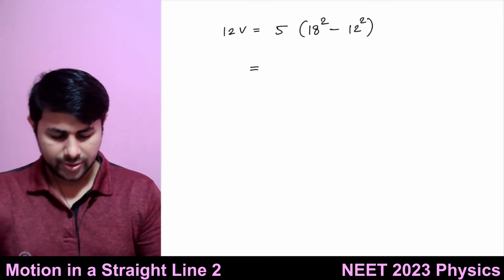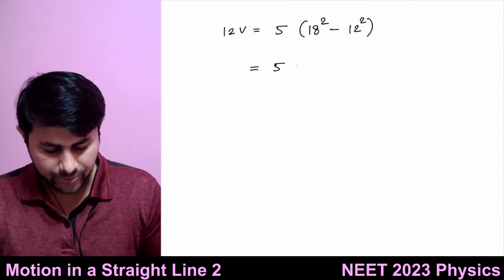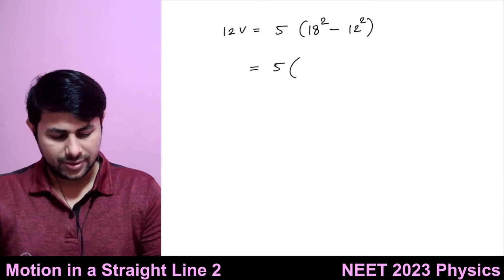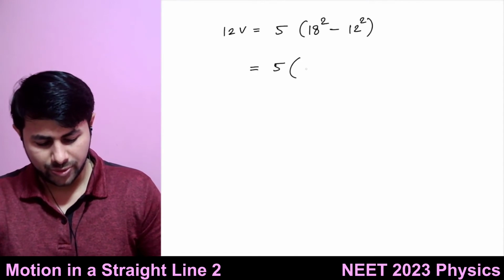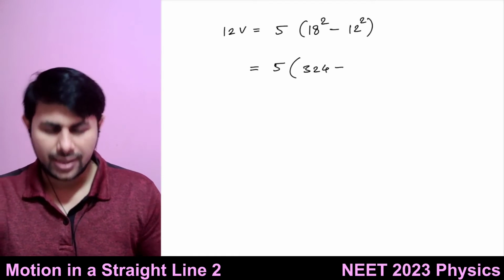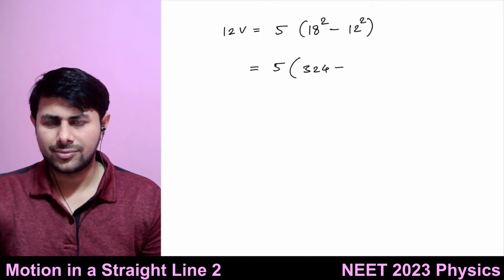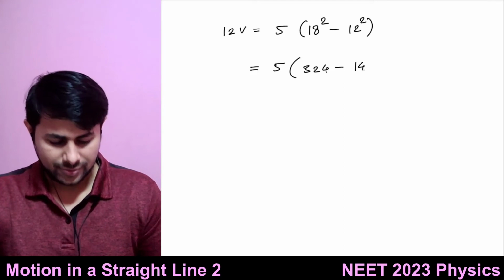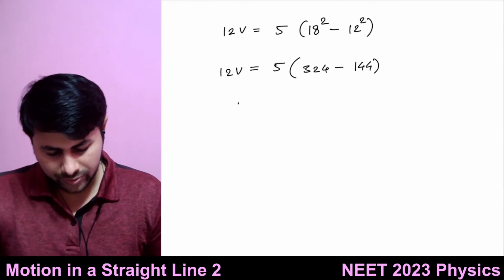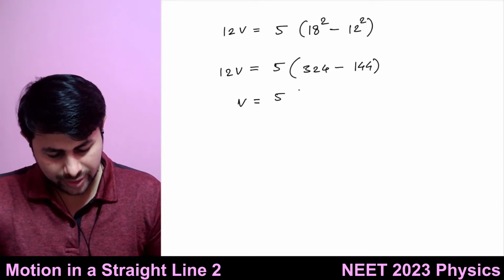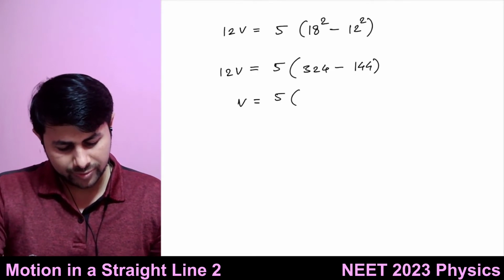Do you know the square of 18? 324. And 12? 144. Okay, so this is 12 times v. So v is equal to 5 multiplied by 324 minus 144.